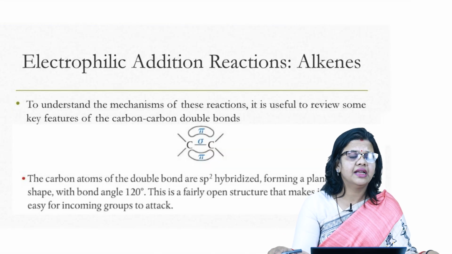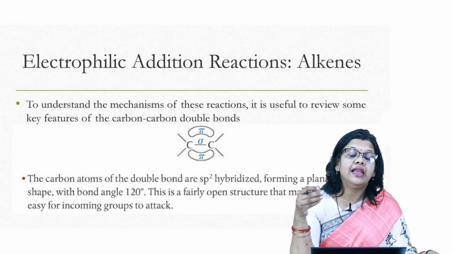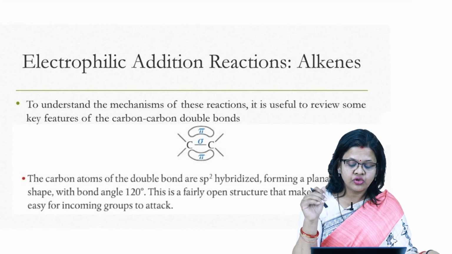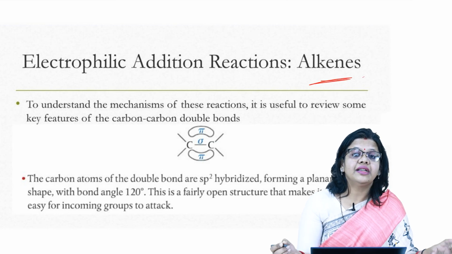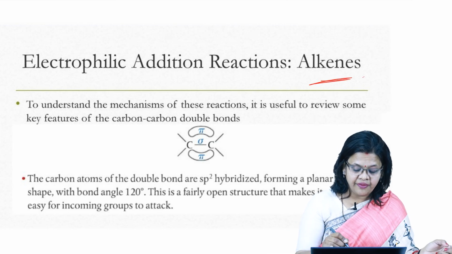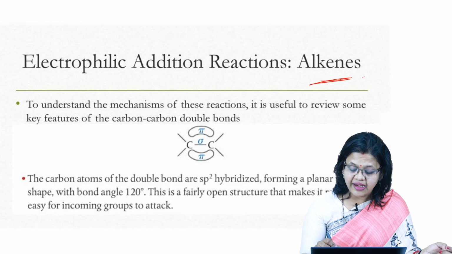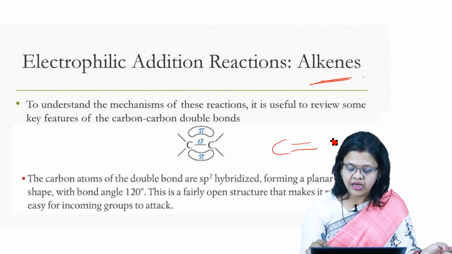As I have already said, electrophiles are electron deficient species. If we take the example of alkenes, looking into the structure, an alkene has a carbon-carbon double bond.